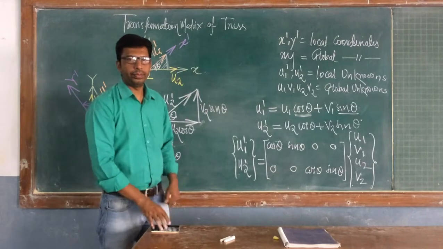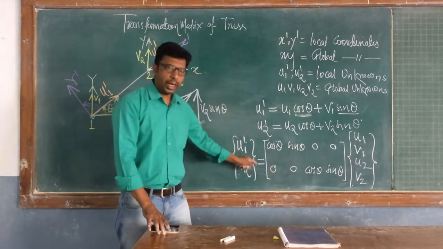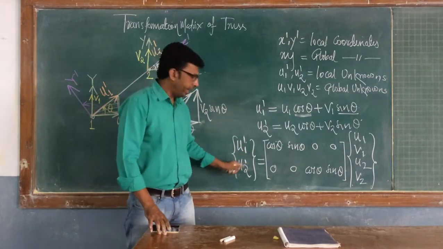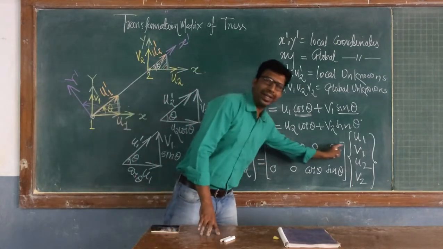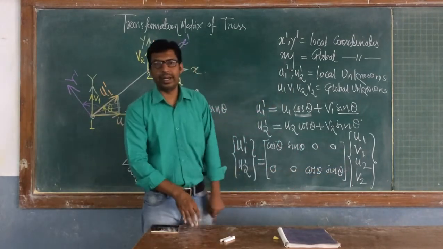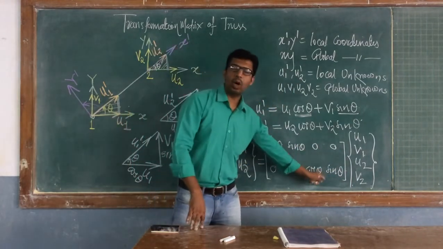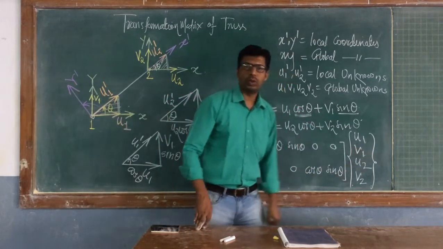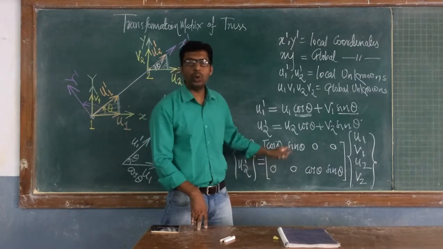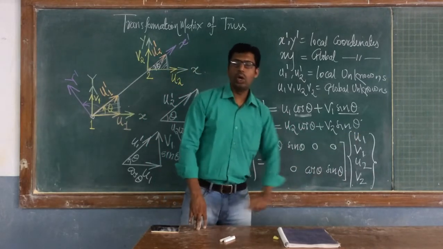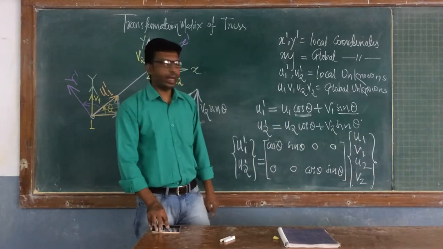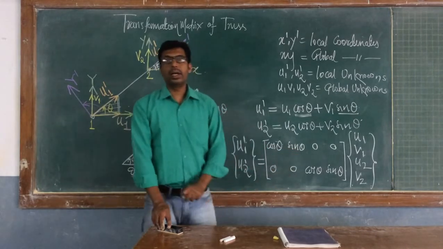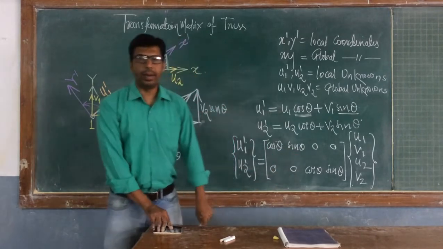sin theta, right? So local unknowns are equal to, this matrix is called the transformation matrix, and these are the global unknowns. So local unknowns are equal to the transformation matrix times global unknowns. Okay? So this is called the transformation matrix of a truss element.